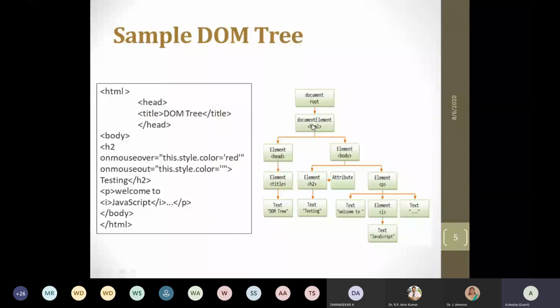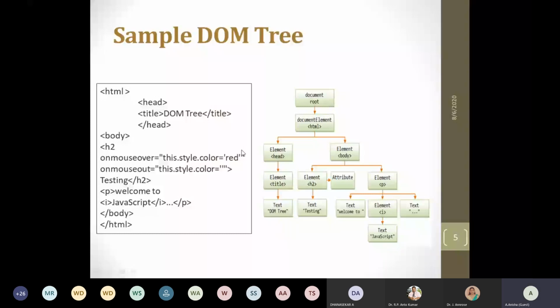So the HTML element has two children, head and body. The head element has only one child, title. And title has only one child, a text node.